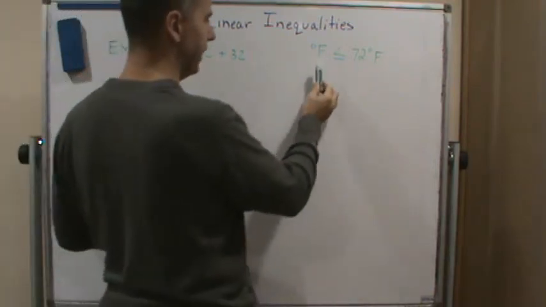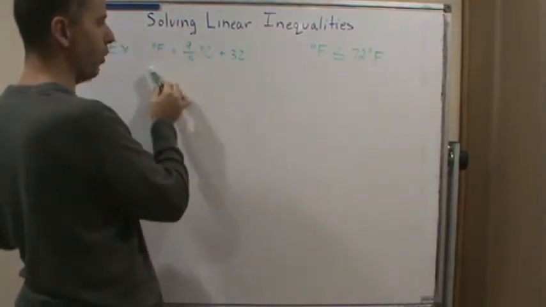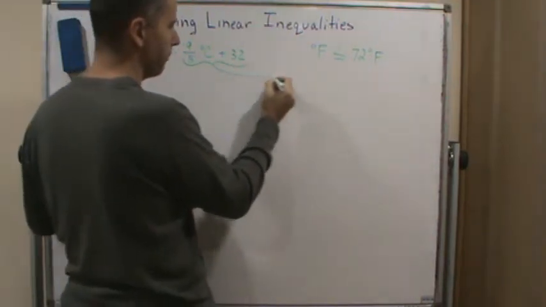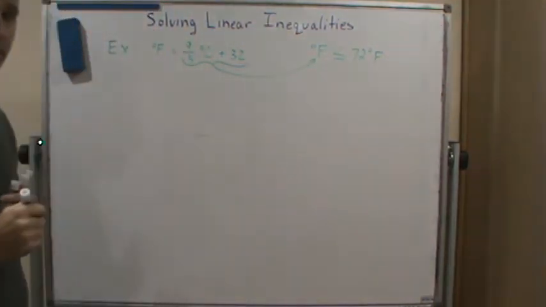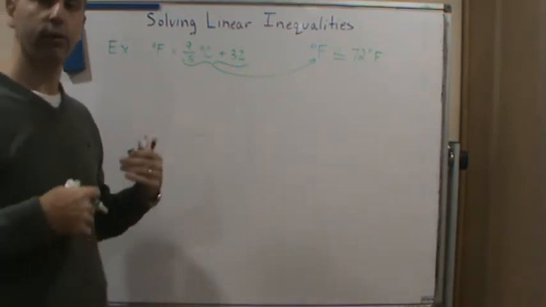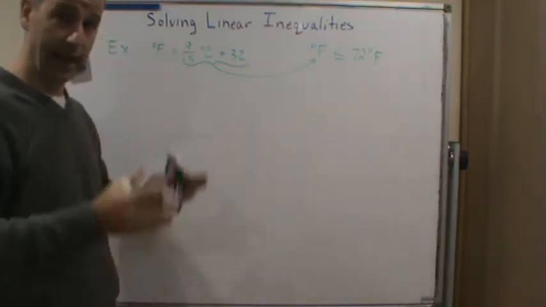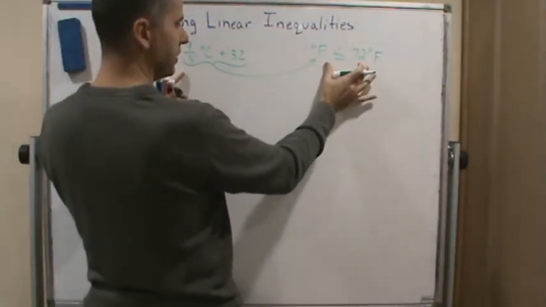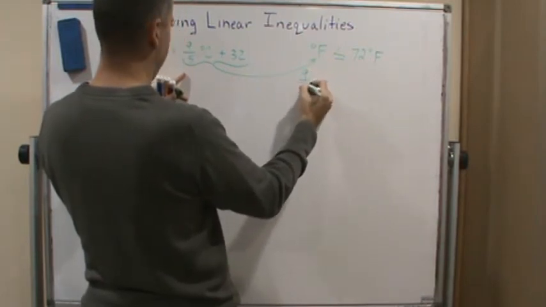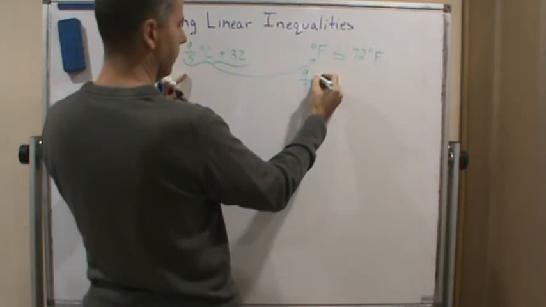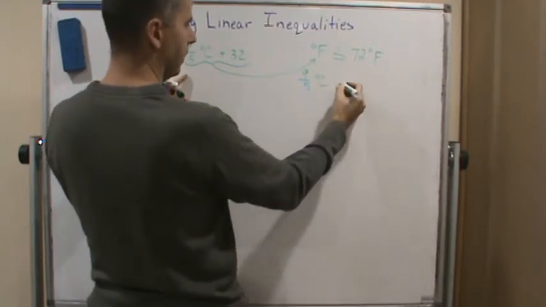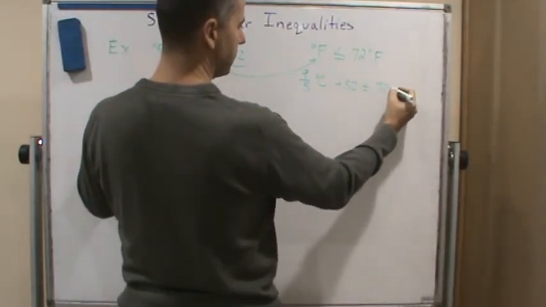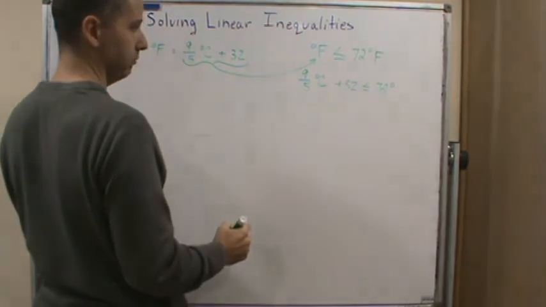I'm going to use this formula, take this piece and substitute it in here, and then solve the inequality for degrees Celsius. So I'm going to change this inequality to be 9/5 times degrees Celsius plus 32 is less than or equal to 72 degrees Fahrenheit.